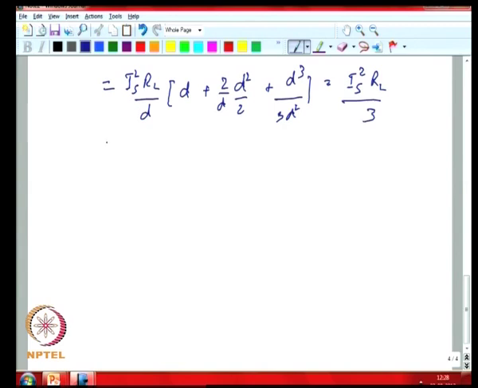This is the loss per phase of the feeder. So, you could multiply that by 3 to calculate the 3 phase losses.